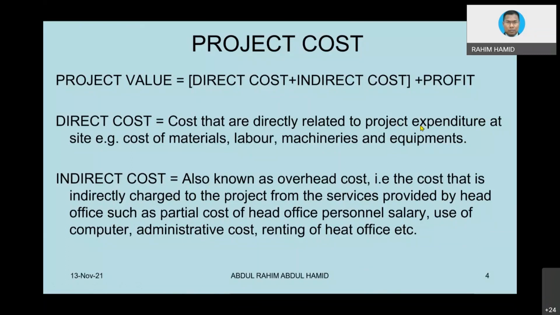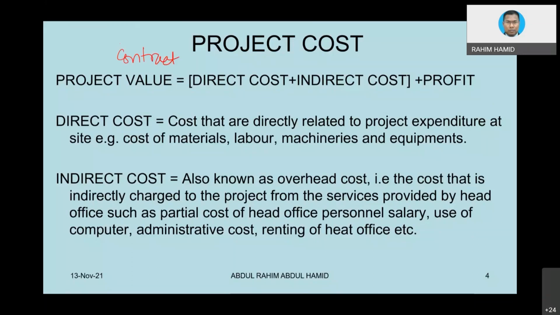But before we go into that, let's take a look at the concept of project cost, project value, or what we call tender value or contract value. Okay, let me see here. Let's say this is a contract value, or prior to the contract, we call it tender value.